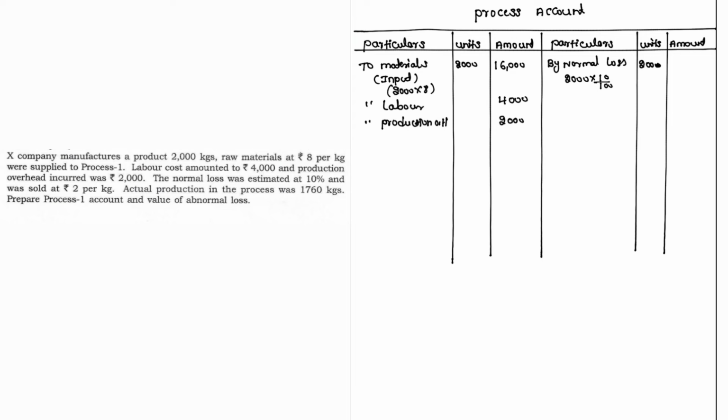And it was sold at rupees 2 per kg. So 200 into 2, so we'll get the value 400. 400 rupees will be our normal loss value.